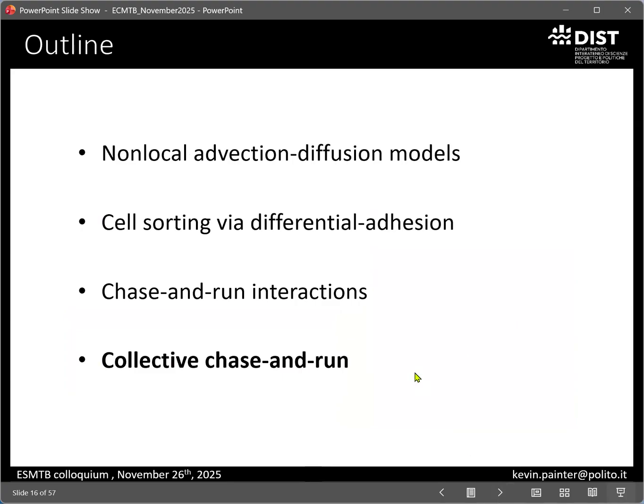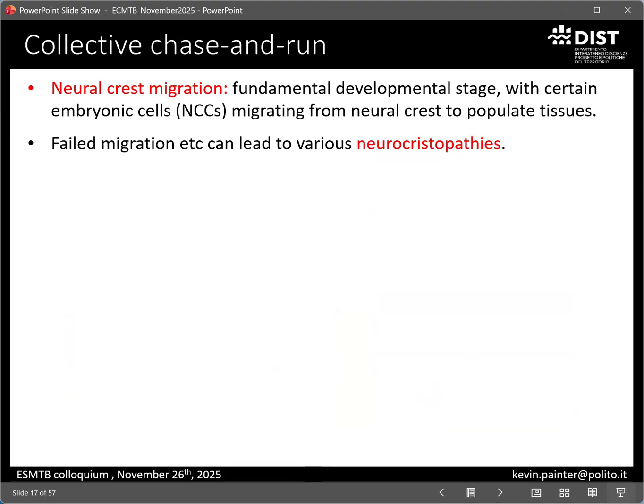But now I'm going to extend that concept to what I call collective chase and run. My motivation for this is again a problem from developmental biology, in particular the process of neural crest migration. For those of you that are aware of the neural crest, it's one of the early embryonic organs.